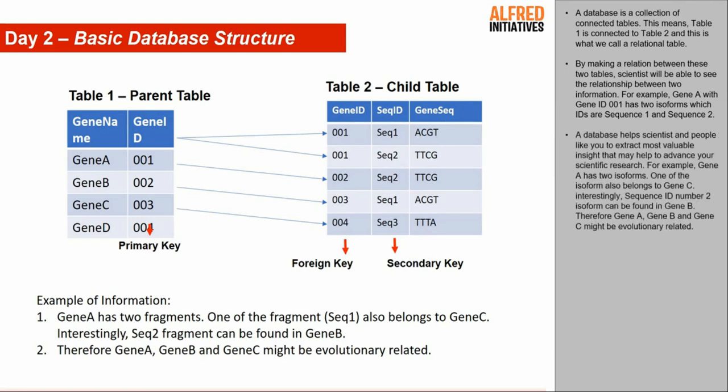A database helps scientists and people like yourself to extract the most valuable insight that may help to advance your scientific research. For example, gene A has two isoforms. One of the isoforms also belongs to gene C. Interestingly, the sequence ID number 2 isoform can be found in gene B. Therefore, gene A and gene B and gene C might be evolutionarily related.